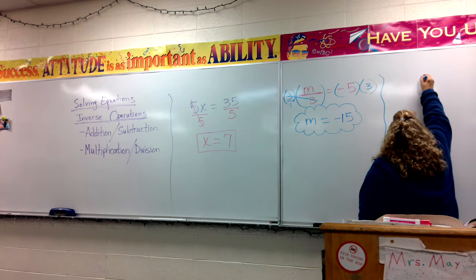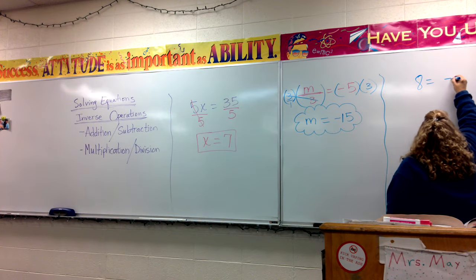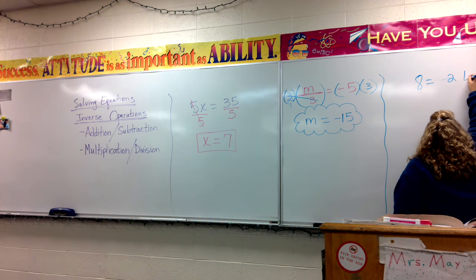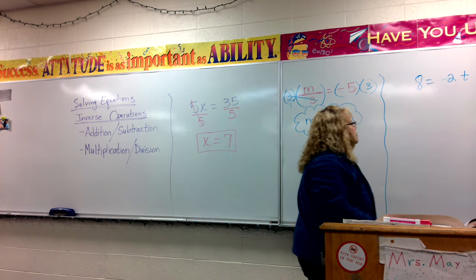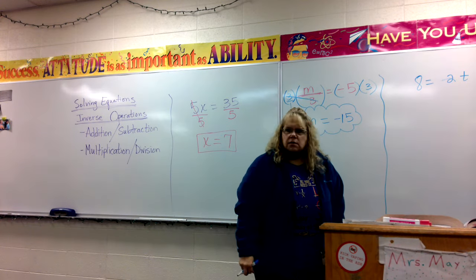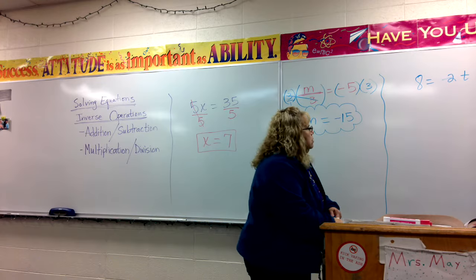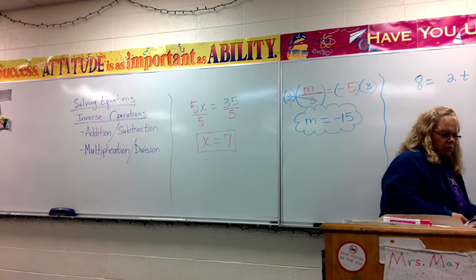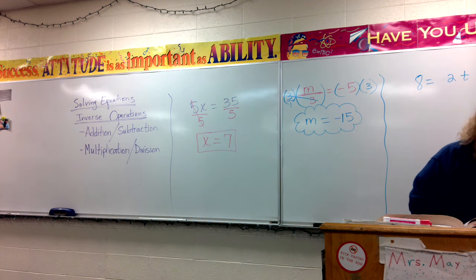How about this? Well, if I had 8 equals negative, let's do positive 2t. Let's do this. What would you do there? Well, come on, you guys. I'm not doing all the work.